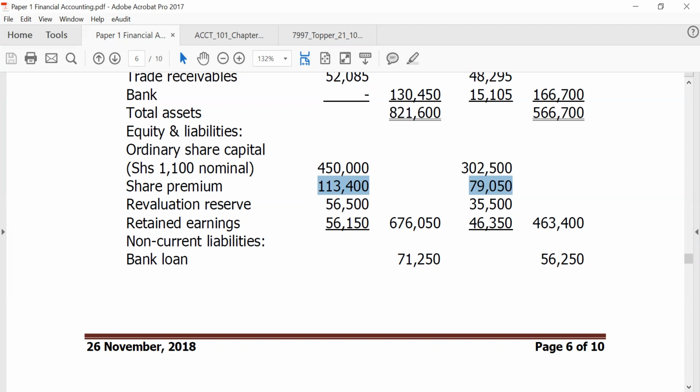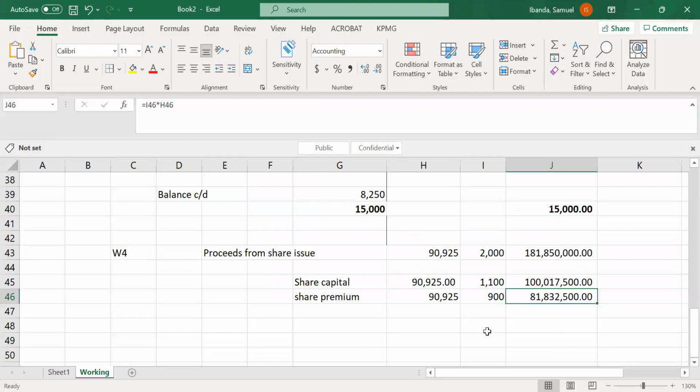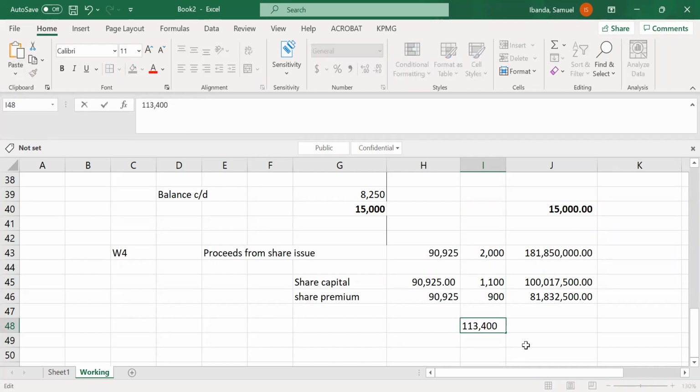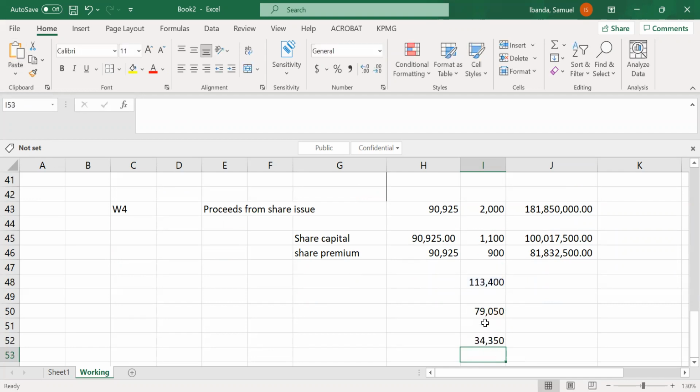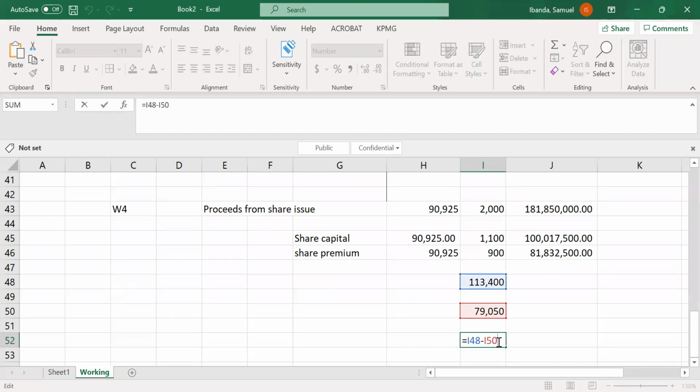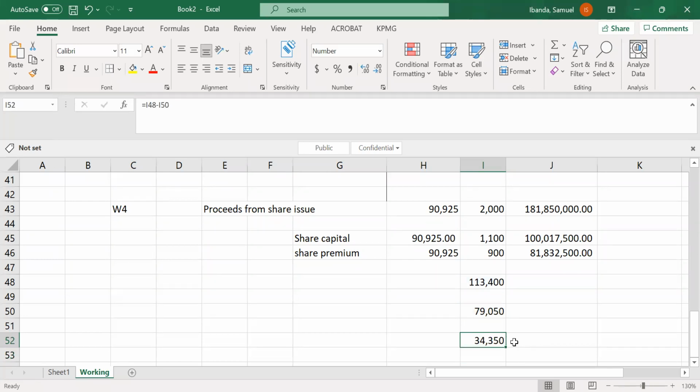The difference between those two values is 34,350.